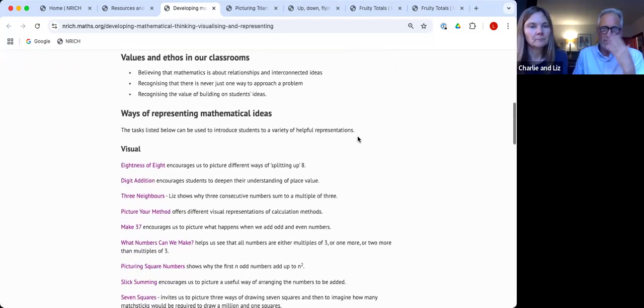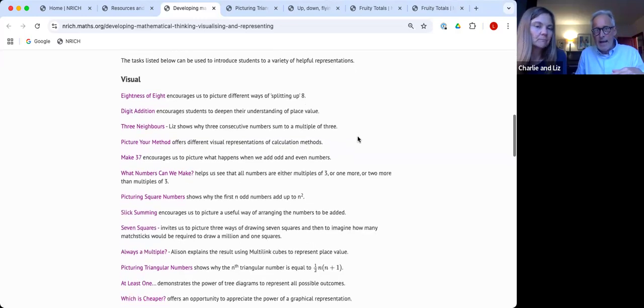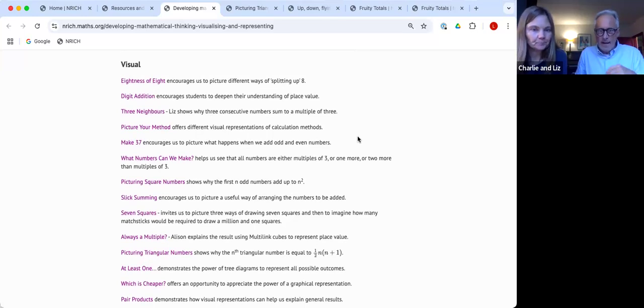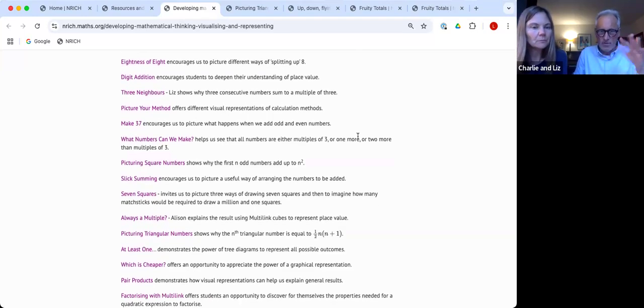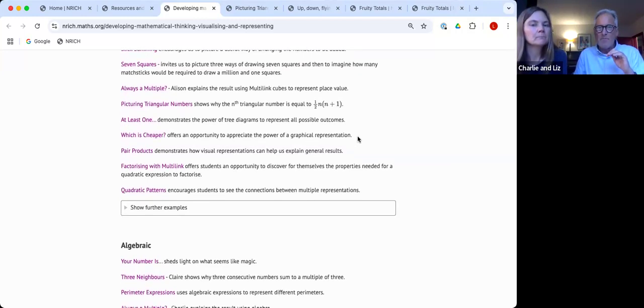Don't worry if you can't read it, but if you scroll down, please, Liz. We've said something about the ethos being, as Liz was saying at the beginning, that we want everyone to understand what's going on. And then we've got lots of examples of problems which can be understood better with visual representations. The problems we've listed there are in increasing order of difficulty. Some will be more suitable for primary age students, and then there are some at the end which are factorizing quadratics with multilink.